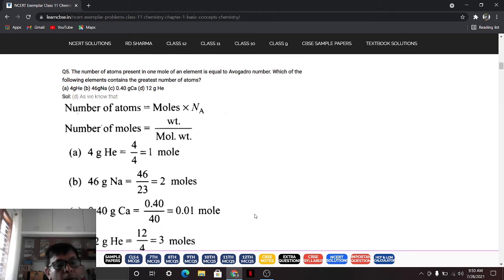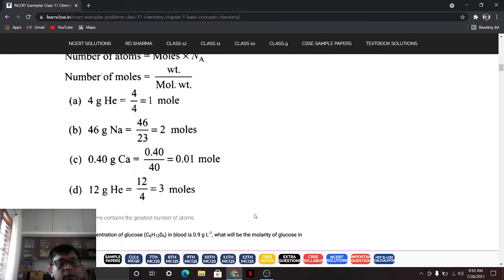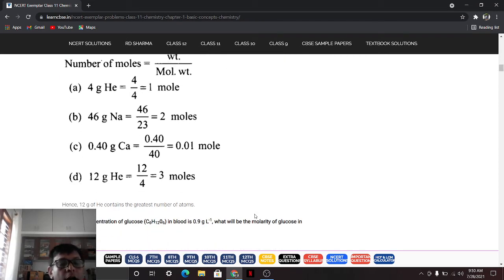C, 0.40 gram of calcium, the weight is 40, that is equal to 0.01 mole. 12 gram of helium means 12 divided by the molecular mass of helium, which is 4, that is equal to 3 moles. Hence, 12 gram of helium contains the greatest number of atoms, because it contains 3 moles.